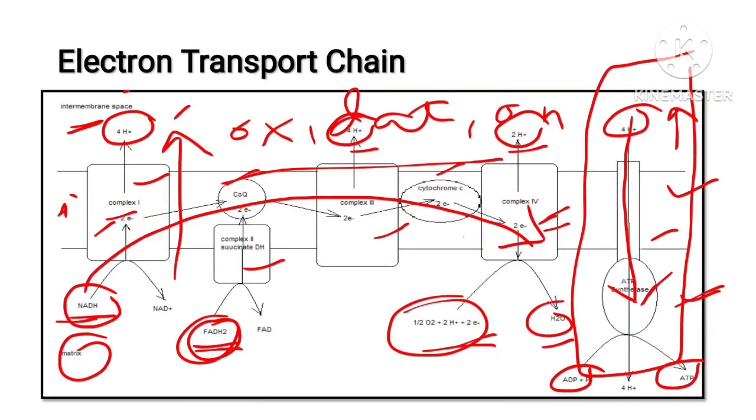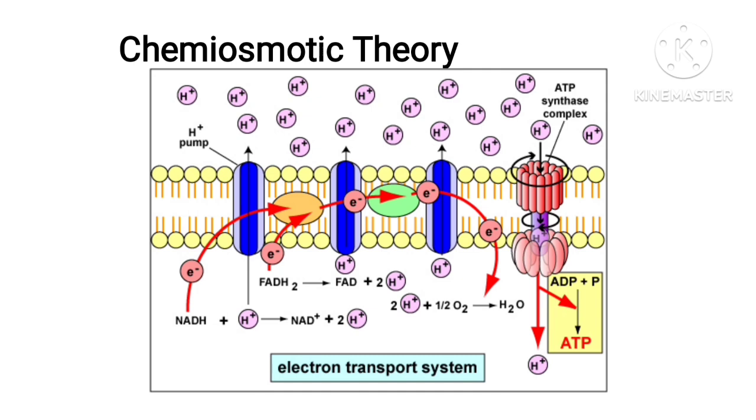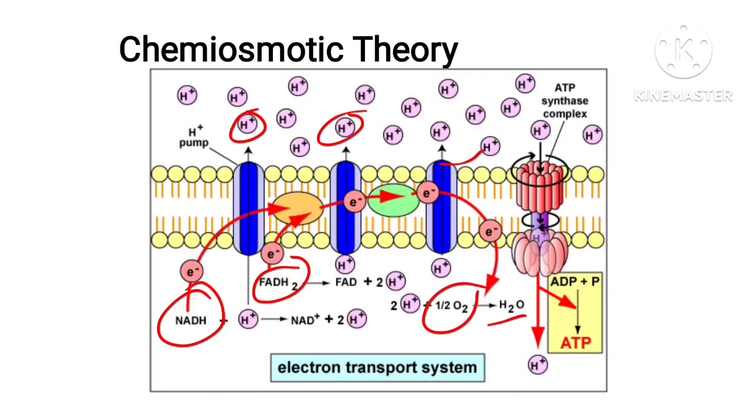These two processes are linked by the proton gradient, and hence oxidation and phosphorylation together are called oxidative phosphorylation. The same thing is shown in this picture, where the electrons from NADH and FADH2 are transferred ultimately to complex 4 and from there to oxygen to form water. During this process, multiple protons are pumped out of the mitochondrial matrix, which generates an electrochemical gradient of protons across the inner mitochondrial membrane.